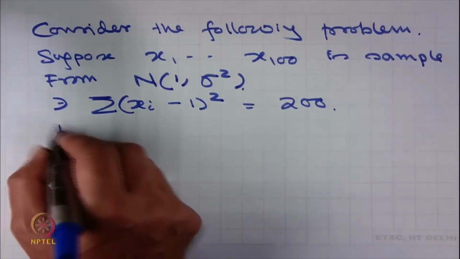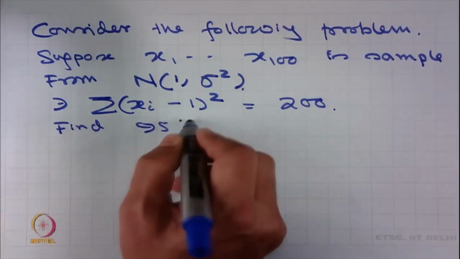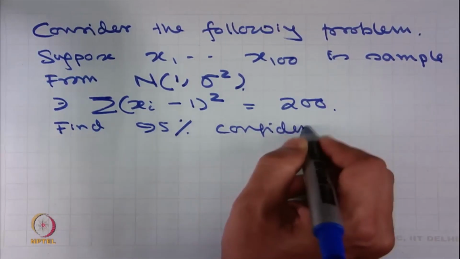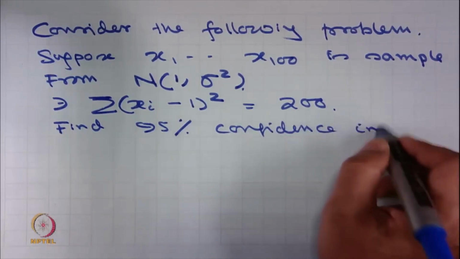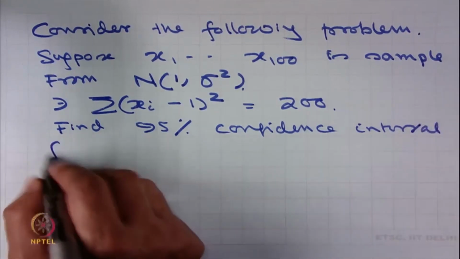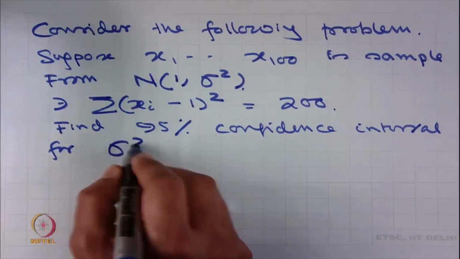Find the 95% confidence interval for sigma square.